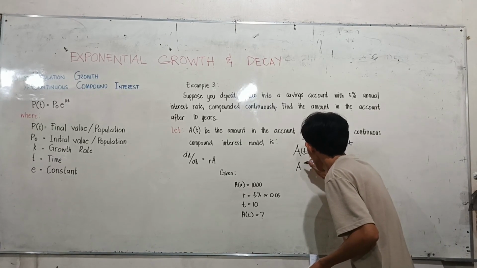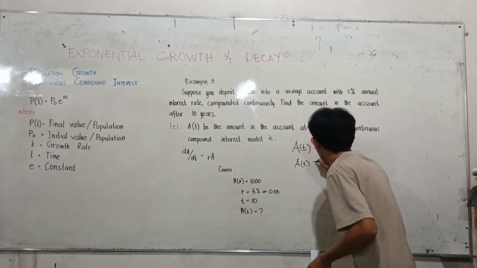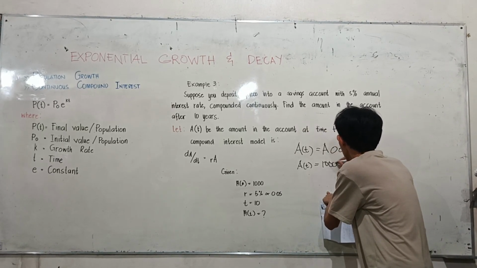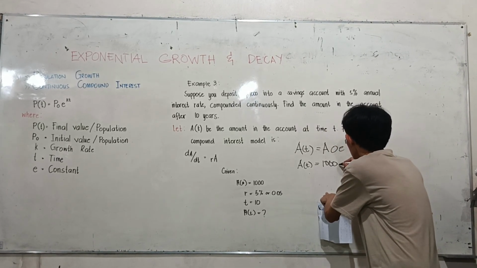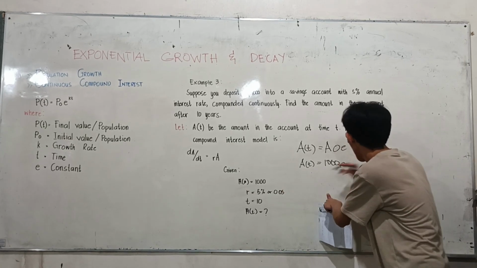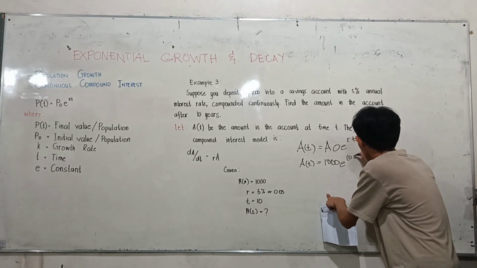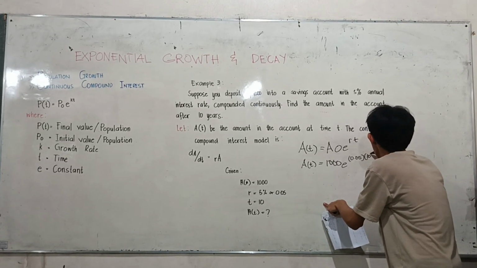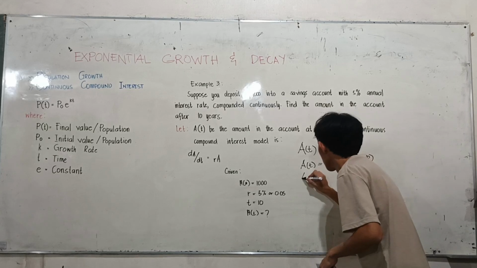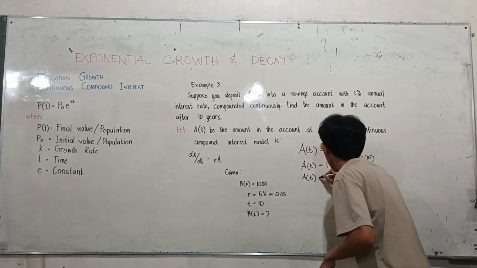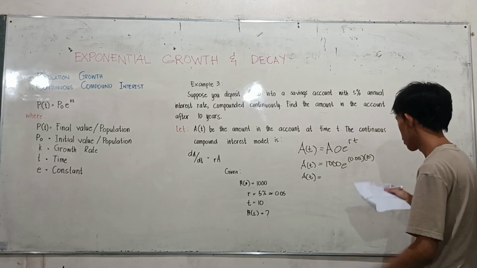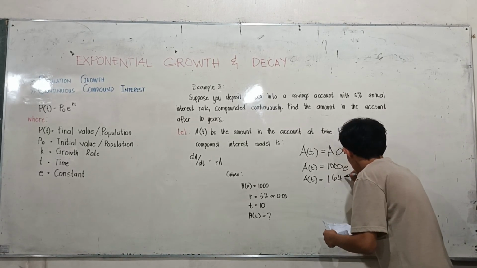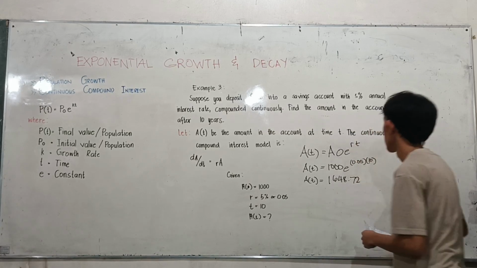So, A of T is equal to A0. Our A0 is 1,000, and then e, our r is 0.05, our time is 10. Using our calculator, we can get the answer of 1,648.72.